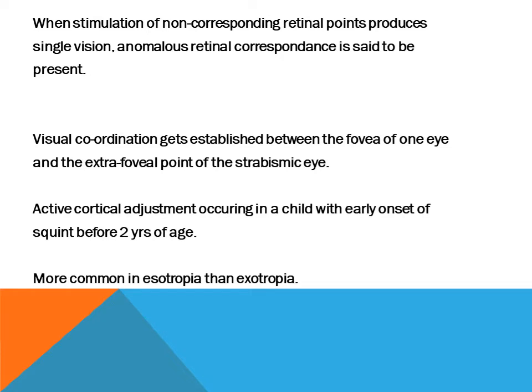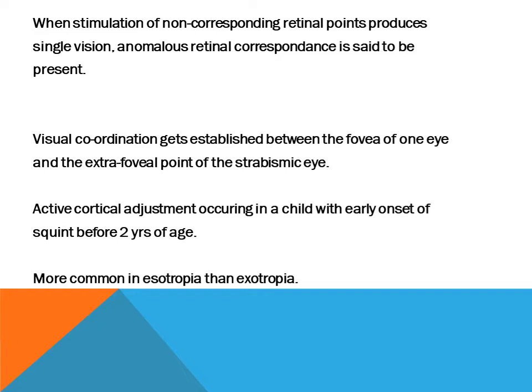So as a result, the images forming in these two regions get fused at the visual cortex, thereby producing a single visual perception. And that's how a coordination gets developed between the fovea of the normal eye and the extrafoveal element of the strabismic eye. This is what we call anomalous retinal correspondence.